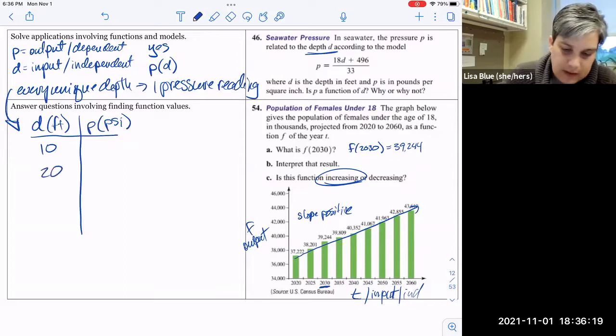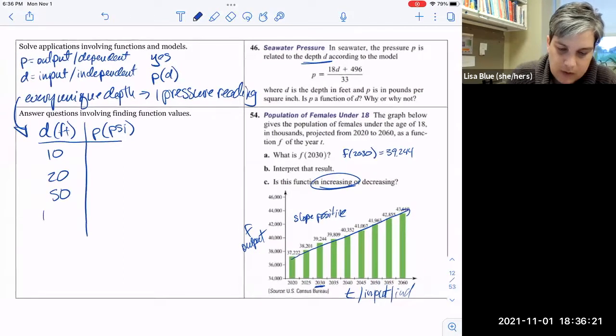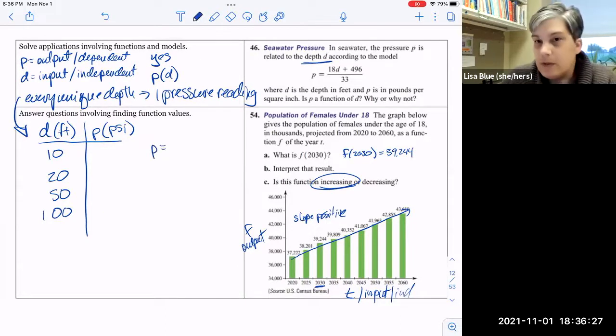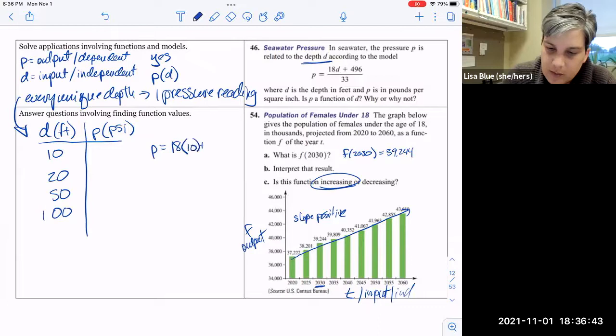Let's do 10, 20, 50, 100. We have to plug that into the equation. The fact that we have the leisure to pick what we want for a depth to figure out what the pressure is tells us P depends on D.